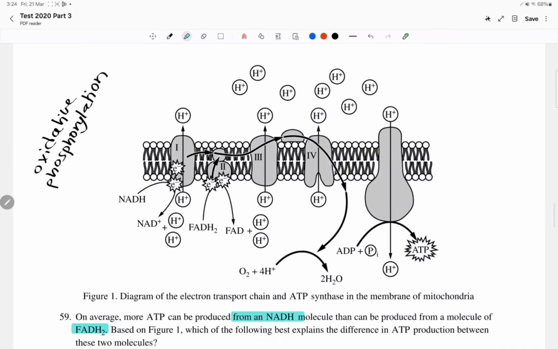Let's look at NADH and FADH2. NADH starts at complex 1, goes to complex 2, complex 3, then complex 4. So NADH has to go through how many complexes? 4.